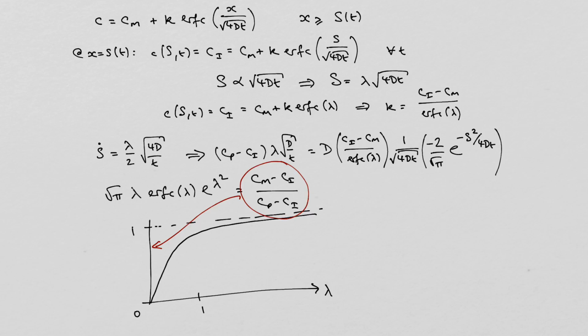And really, the point that comes out of it is that the scale of the precipitate boundary is proportional to the diffusion length. All I really did here was find the constant of proportionality. That is not physically so important as just showing that the solution works.